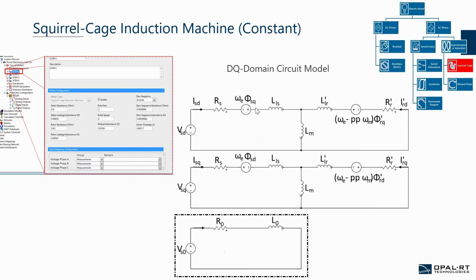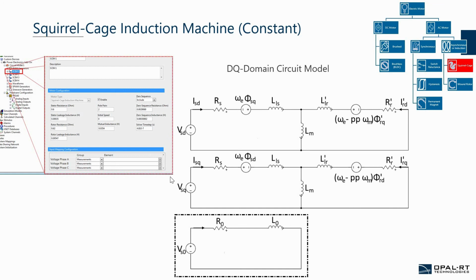In the Power Electronics Add-on, we're able to configure the stator resistances, the rotor resistances, the stator leakage inductance, the rotor leakage inductance, the mutual inductance, as well as the pole pairs of the machine.